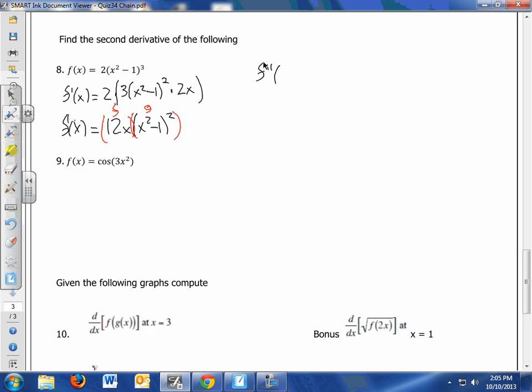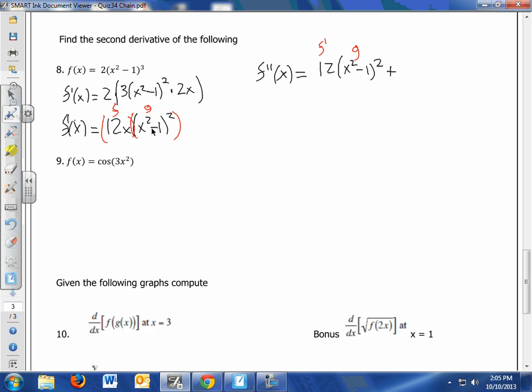So f double prime of x will equal f prime times g, plus g prime. This is f prime, this is g. Now g is x squared minus 1 all squared. So if you wanted to, you could actually distribute this and actually square x squared minus 1. But if you want to use the power rule, the chain rule, you can do that.